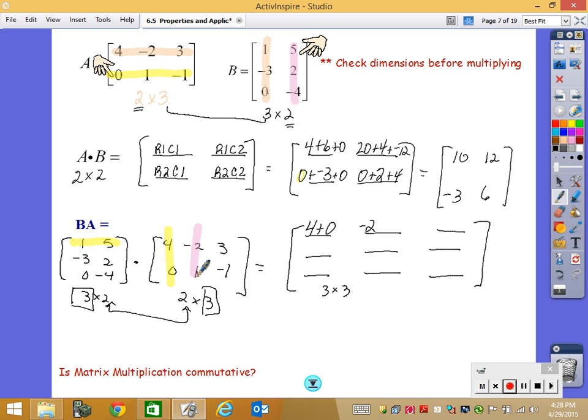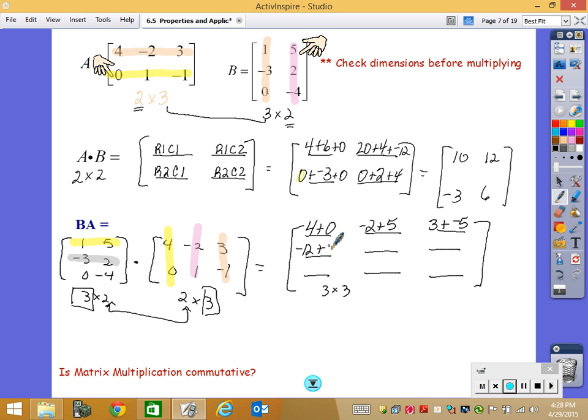Plus 5 times 1 is 5. Then, row 1, column 3. 1 times 3 is 3. 5 times negative 1 is negative 5. Next is row 2, column 1.